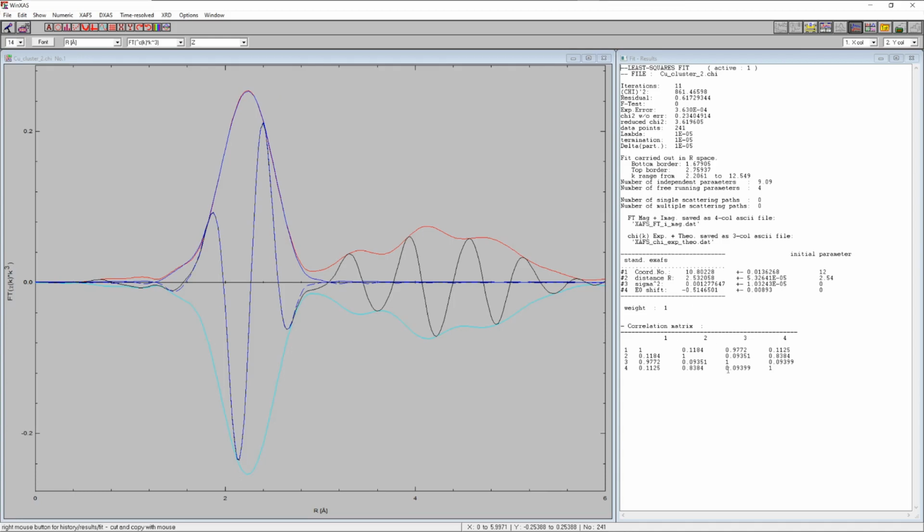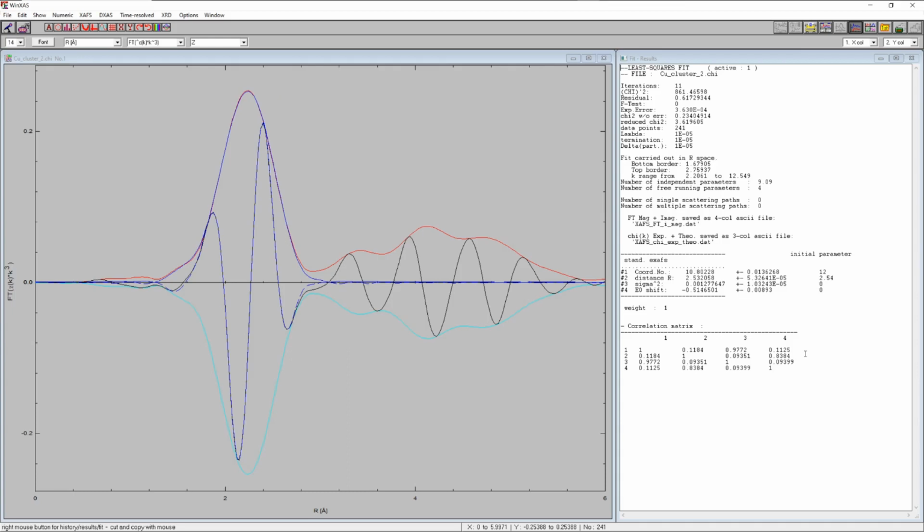Looking at the correlation matrix, again, we have a correlation between the coordination number and the Debye-Waller factor, and between the E0 parameter and the distance. As I mentioned before, those are very often correlated in EXAFS refinement, and especially those pairs, coordination number and disorder parameter, and the distance and the E0 shift.